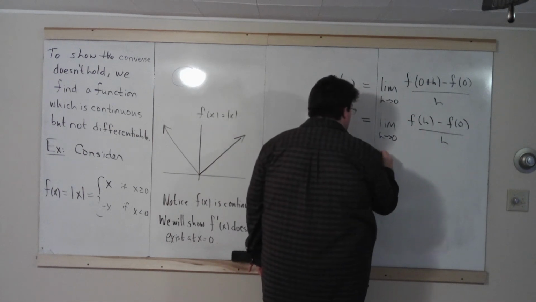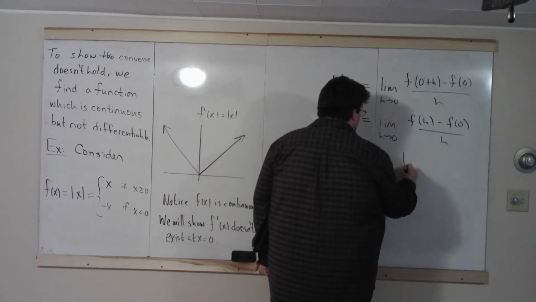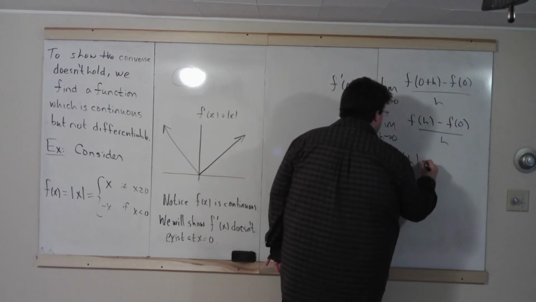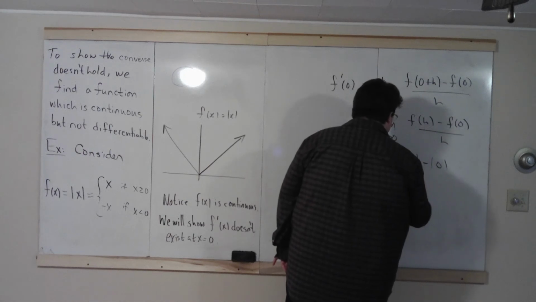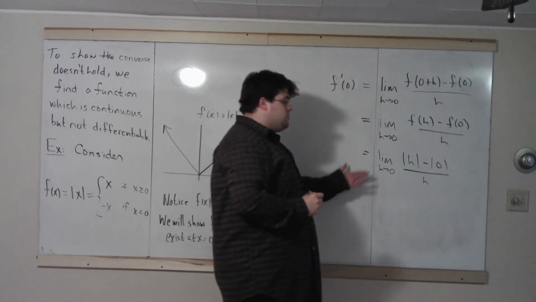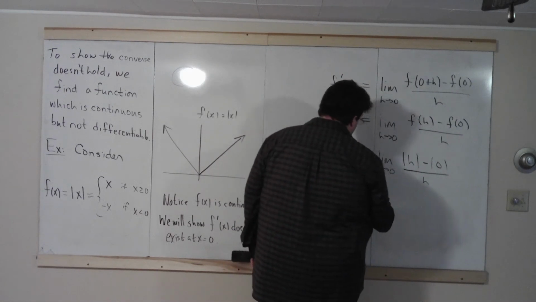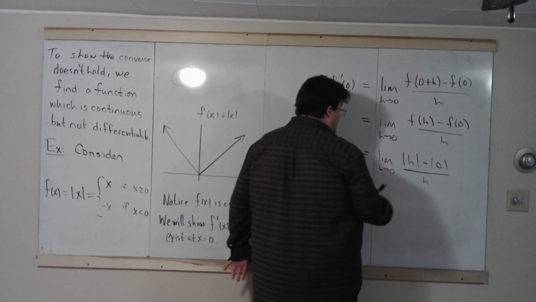Zero plus h is h. f of h is the absolute value of h. f of 0 is the absolute value of 0. Still all over h. And notice again, if you did try a substitution, h equals 0, you would get 0 over 0. So we do have to do some algebra until the 0 over 0 cancels.